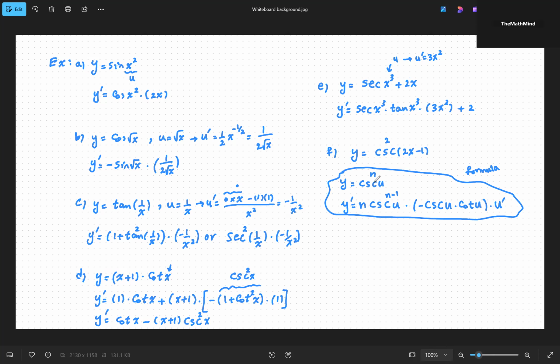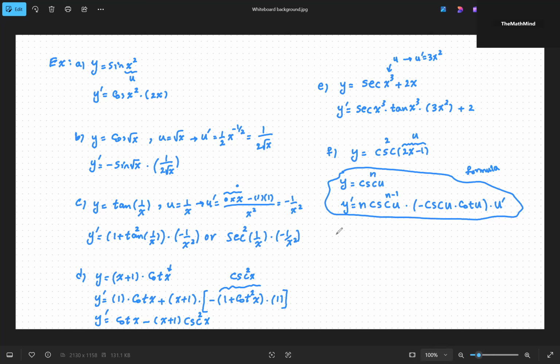We're using the power rule and chain rule simultaneously. So you decrease the exponent by one on cosecant, and then you take the derivative of the base. The base here is cosecant u, whose derivative is negative cosecant u cotan u, multiplied by u prime. So now in our example, u is 2x minus 1 and n is 2.